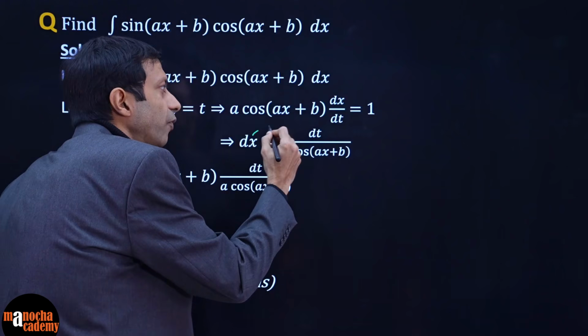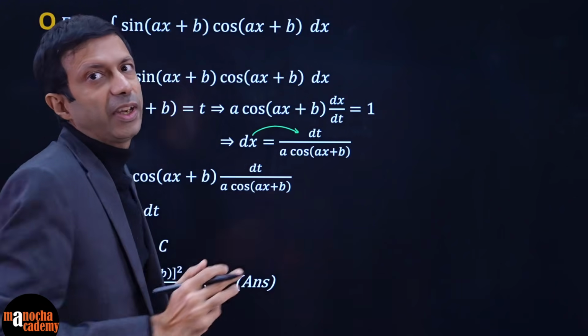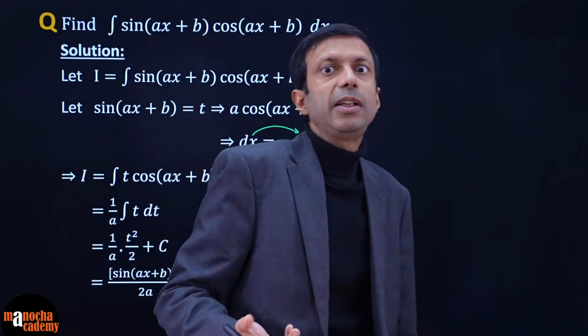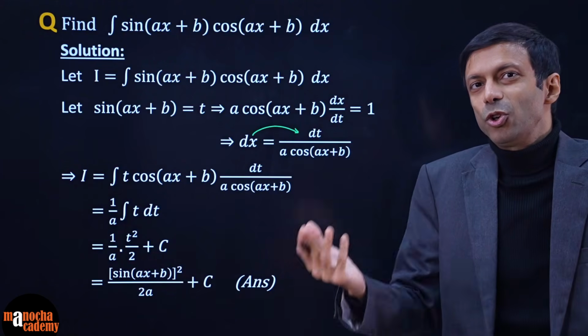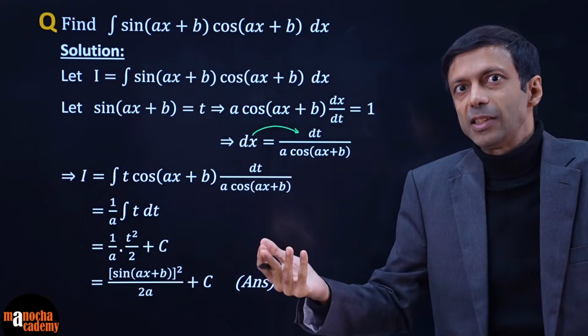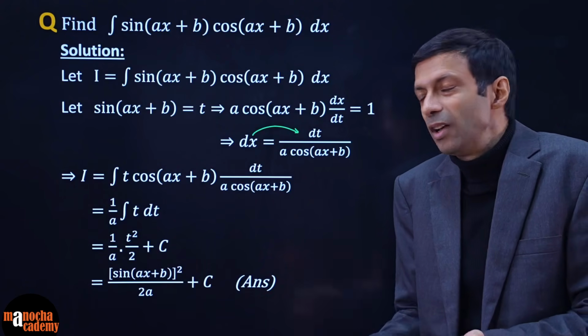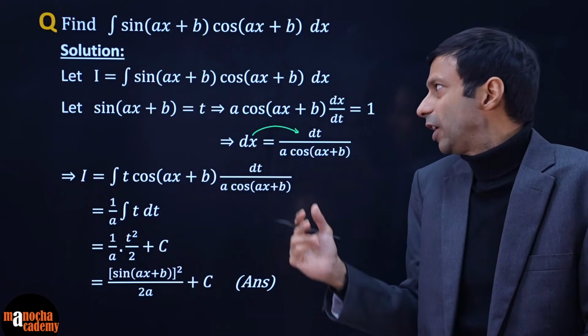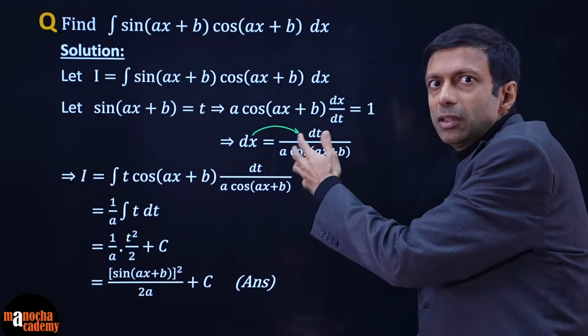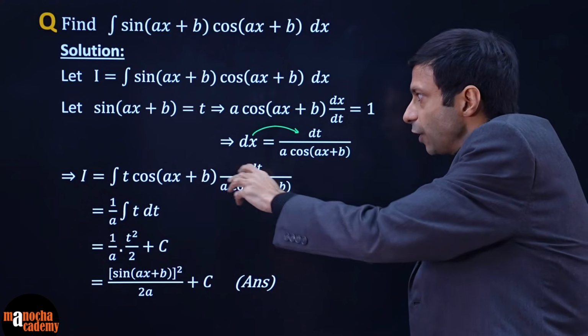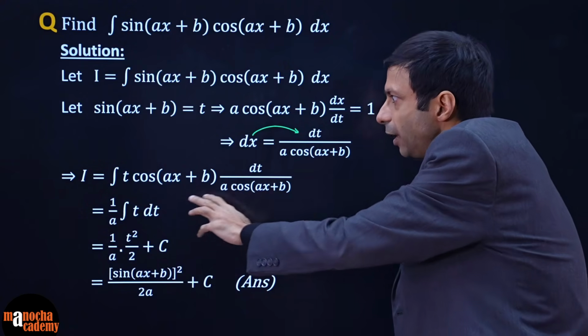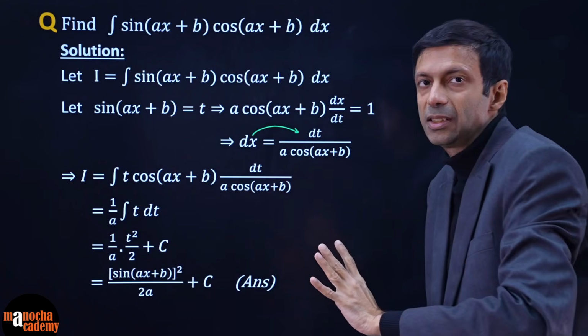You are writing dx in terms of dt, because you can't do integration of t dx, that has no meaning. Either you do integration t dt or integration x dx, but in substitution you change the variable, so you have to change the dx also into dt. Some other function remains, but that function must cancel, so finally we are left with t. Again, all the x's are cancelled.